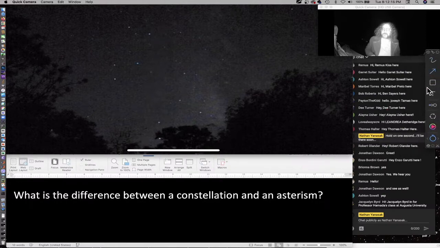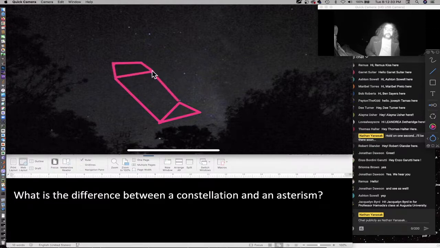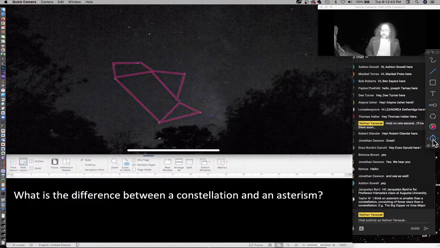We want the timer off. And this is what the asterism looks like. Does everybody see that? See why that looks like a teapot? I'll let it fade off a little bit.